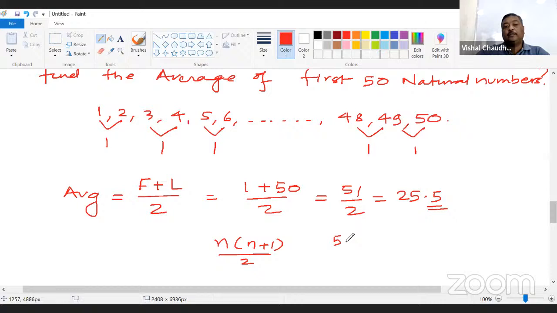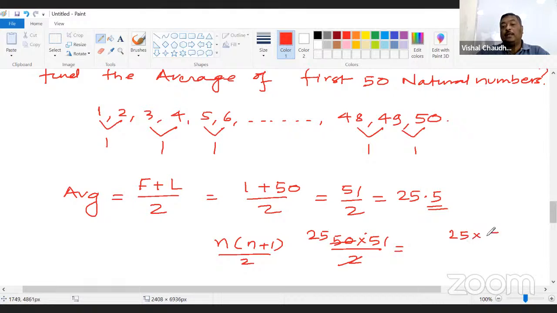And that is 50 into 51, as n, the first n natural numbers, is 50. 50 into 51 by 2, and what you will get here is 25 into 51. So the sum total is 25 into 51.